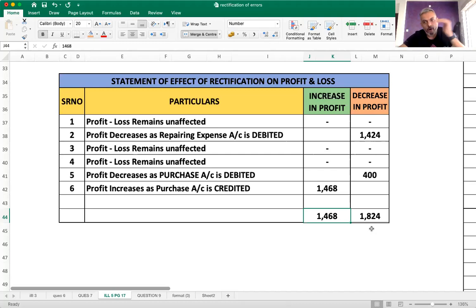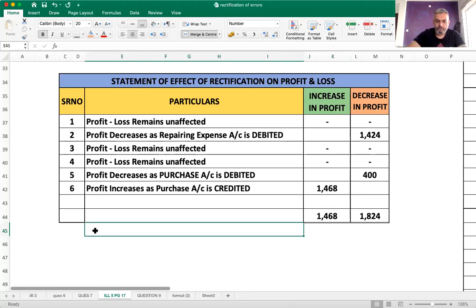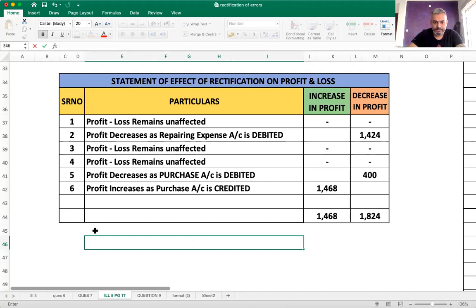Now, we already had a profit before rectification. So below this, leave one line blank and I will write profit for the year 2014 before rectification.